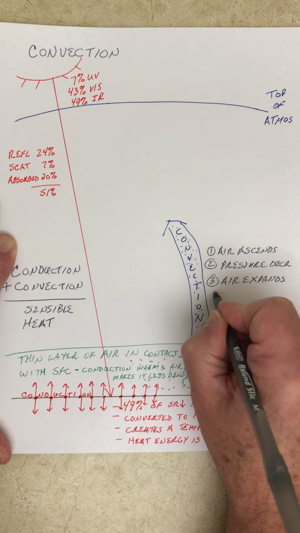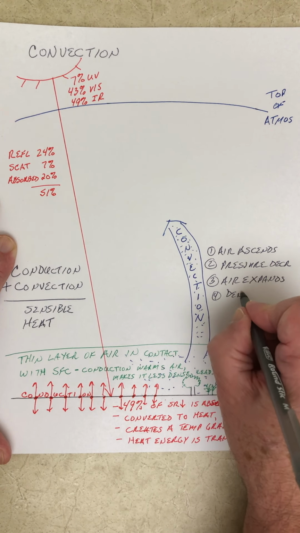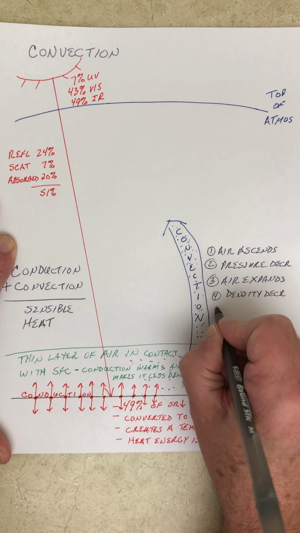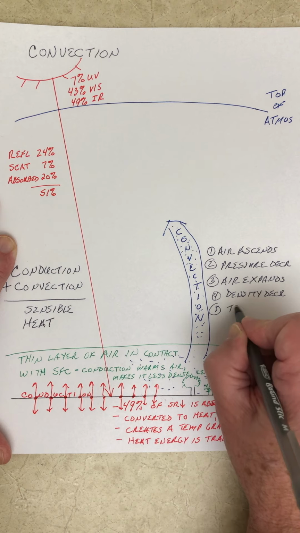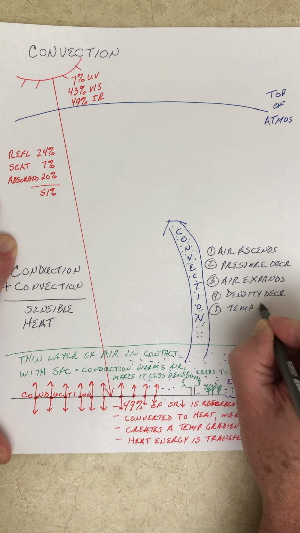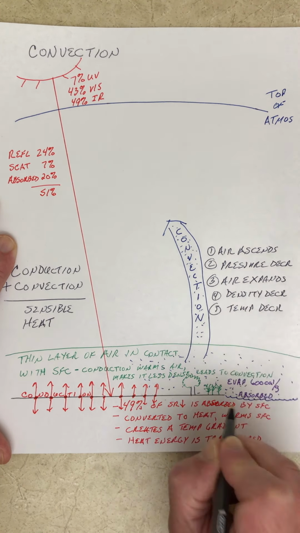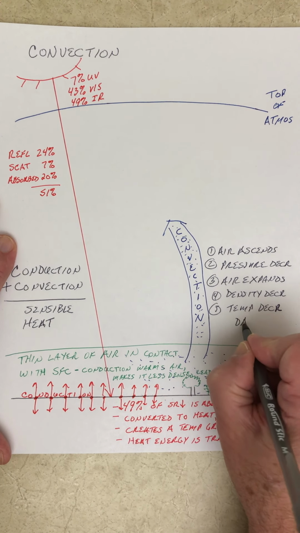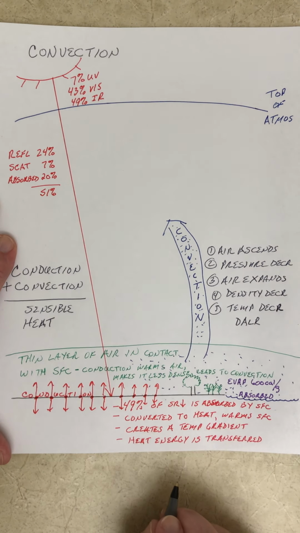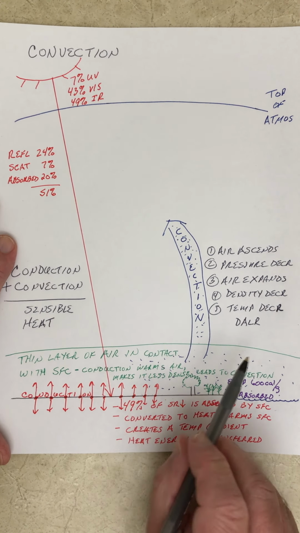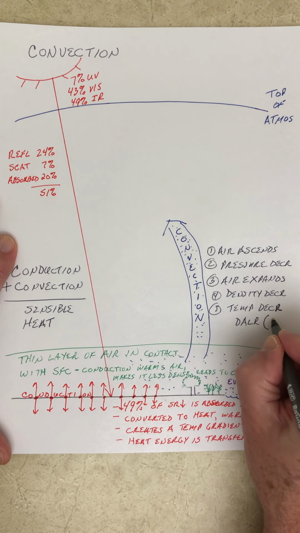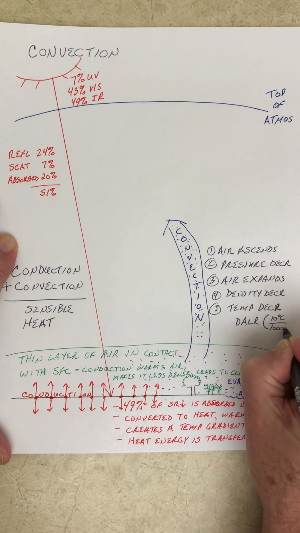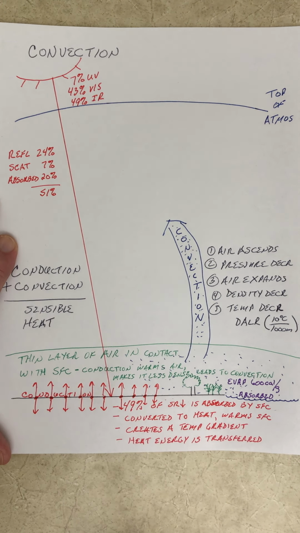When the air expands, the density decreases. When the density decreases, the temperature decreases. Okay. At first, that temperature decreases at the dry adiabatic lapse rate as long as the air is unsaturated, okay? Which is 10 degrees C. The air is going to cool at a rate of 10 degrees C for every 1,000 meters that it travels.